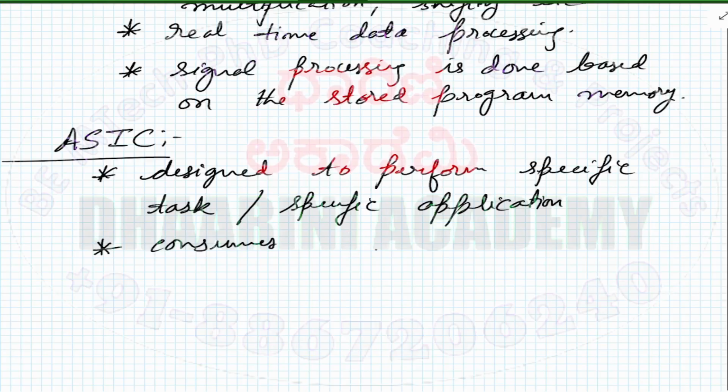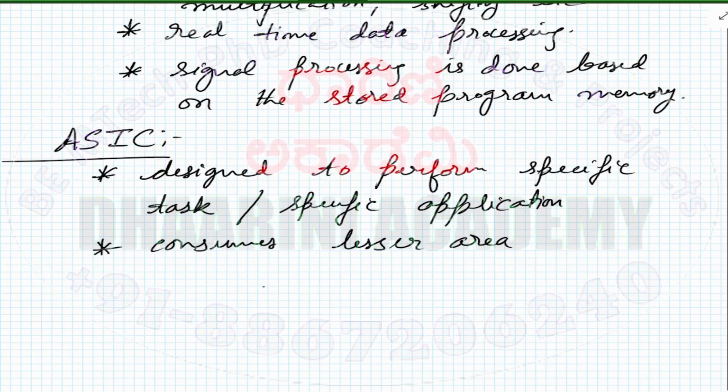Since this is very specific, we can understand that the hardware requirements will be minimal according to that specific implementation. So we can write: it always consumes lesser area compared to the other components which we discussed already. Microprocessor, microcontroller, and DSP will take larger space compared to the space taken by the circuit required for ASIC.